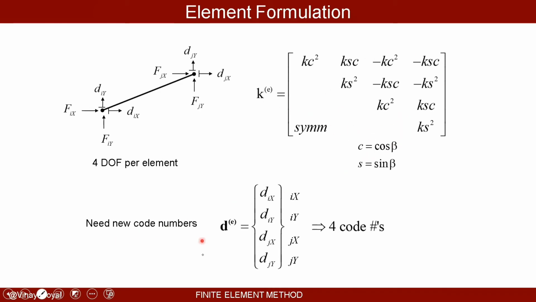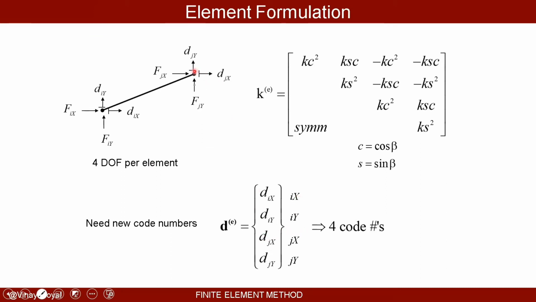The new code numbers are this. For node I, that's just a label. I is just a label. Don't get confused. You see so many layers, you go crazy. No, no, no. I is just a label. X and Y tell you the direction that we're talking about. So for node I, I have two directions that the node can move, to the right or up. So that's the first two, 1 and 2.